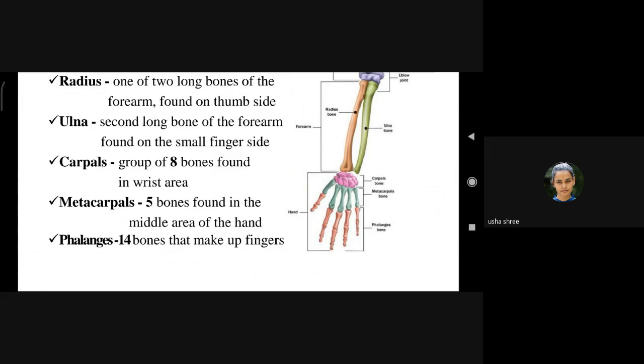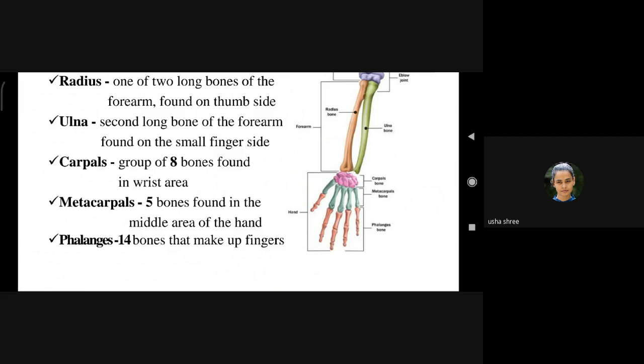The anatomical name of the bones by which fingers are made is phalanges, and these phalanges are 14 in number. You can remember it easily: phalanges, 14.